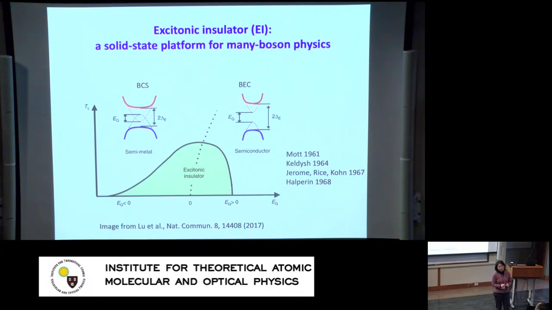And in the equilibrium, the population of exciton is determined by balancing the energy of formation of exciton and the average repulsion energy between the excitons. And this you can think of as like a BEC limit. And this can also happen from the other side, small overlap of semi-metals. And this you can think of as the BCS limit.